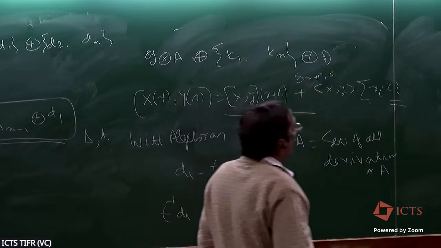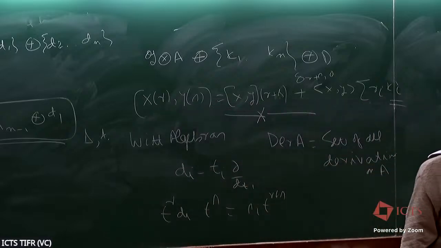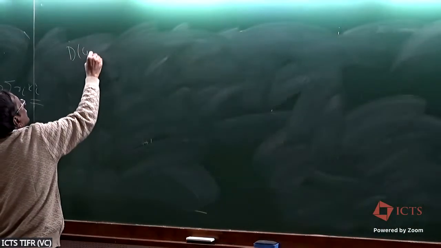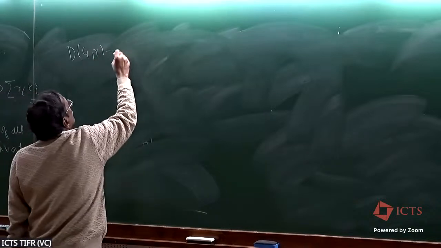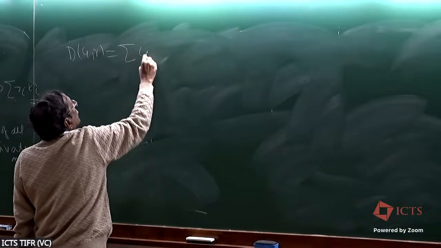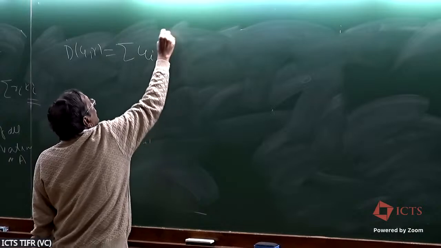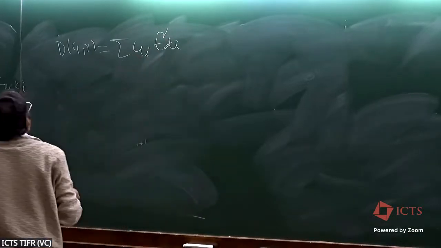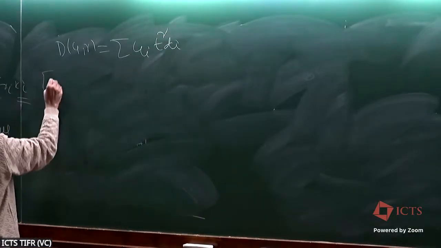So I will give you a better notation: d(u, r) is equal to sum u_i t^r d_i. Now, in this notation, it is easy to state the Lie bracket.